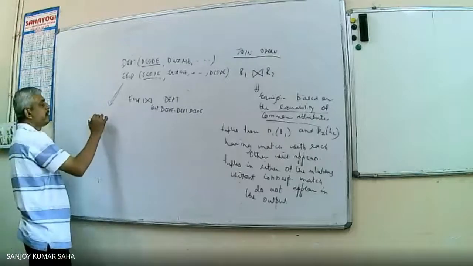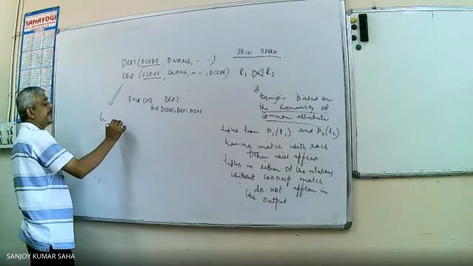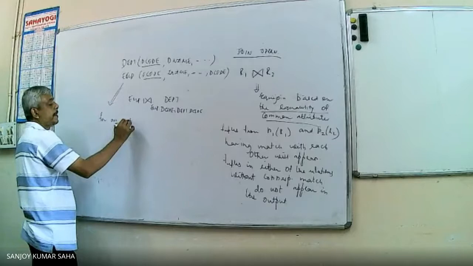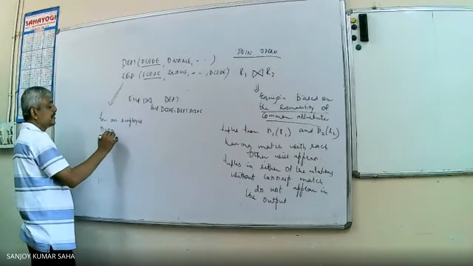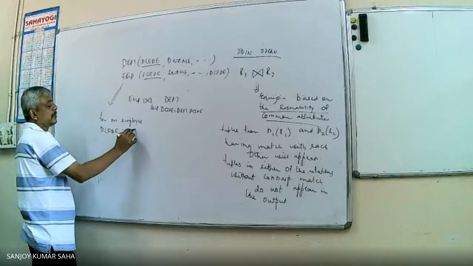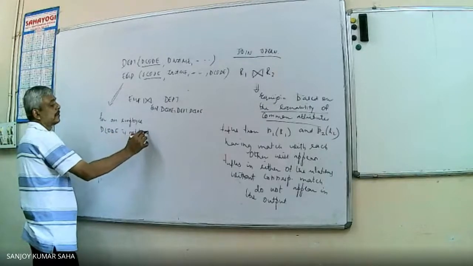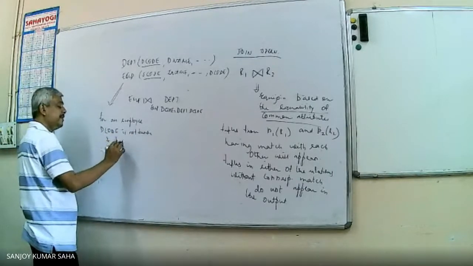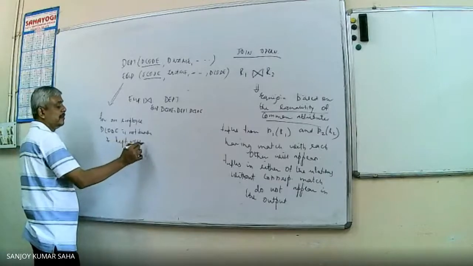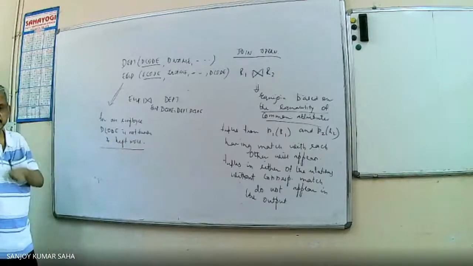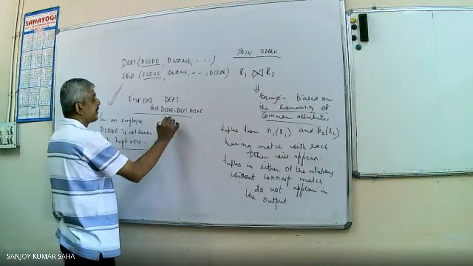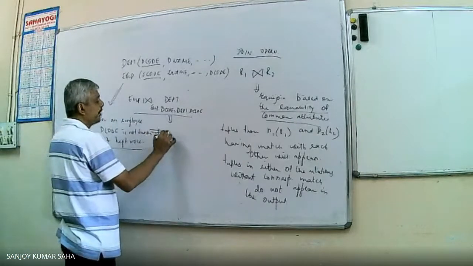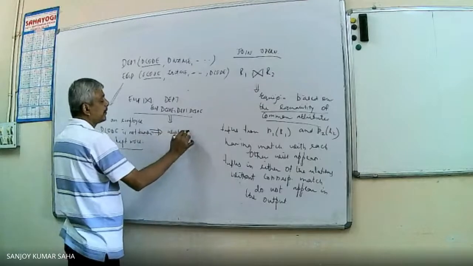Suppose for an employee the department code is not known and we get null. No value was given. It is not known. Then such an employee will not appear.